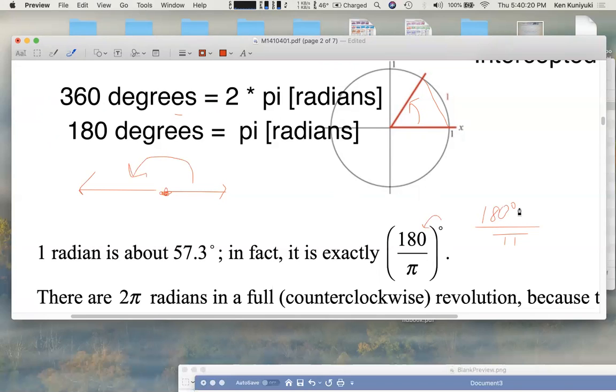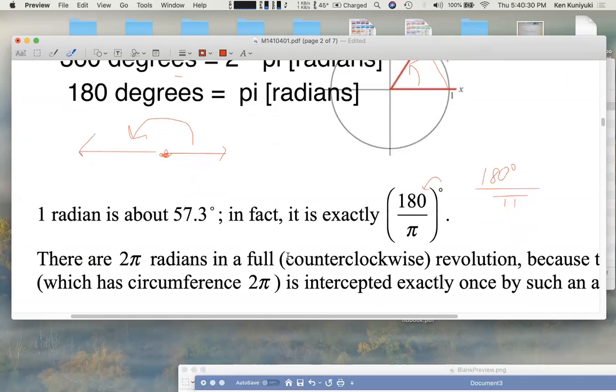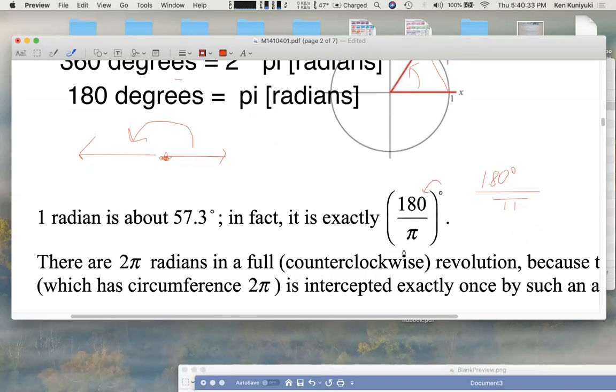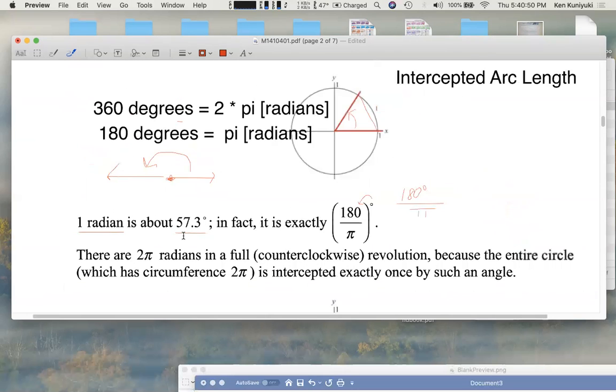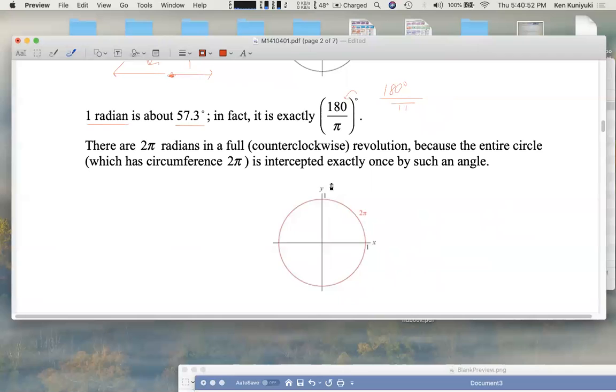Don't think of this as an exponent. So this here is 1. 180 over pi in degrees, that's 1 radian. 180 over pi is about 57.3. So 57.3 degrees equals 1 radian, roughly. Again, 2 pi radians in a full counterclockwise revolution.